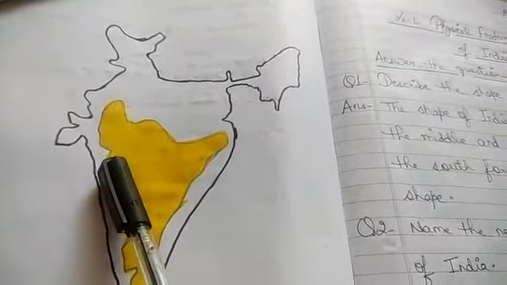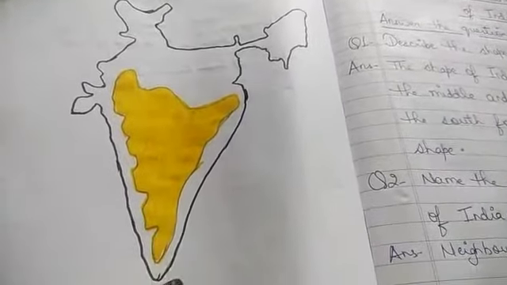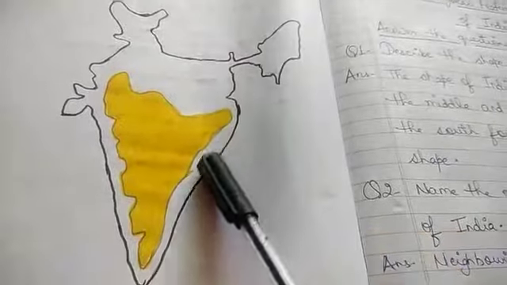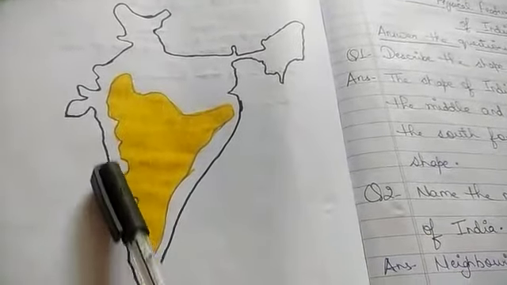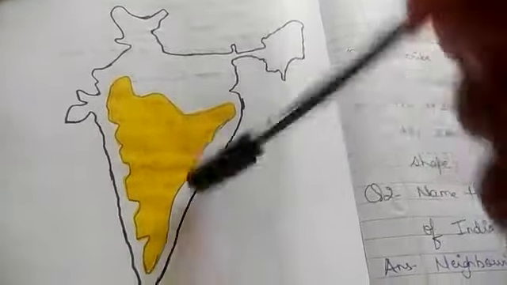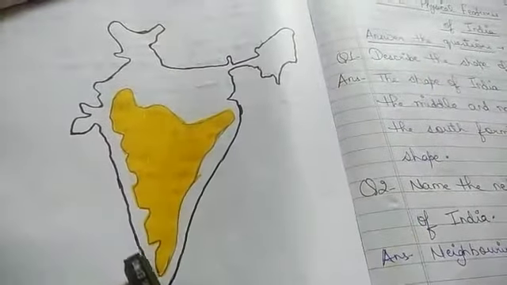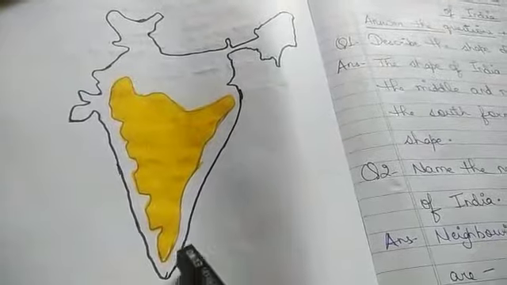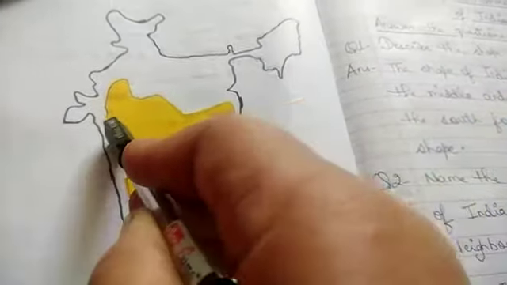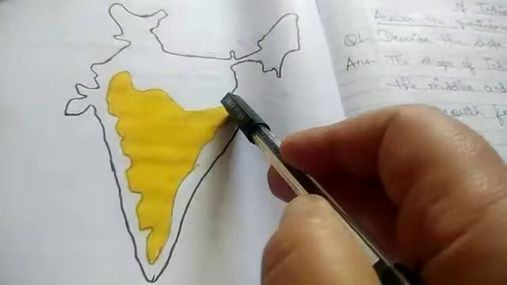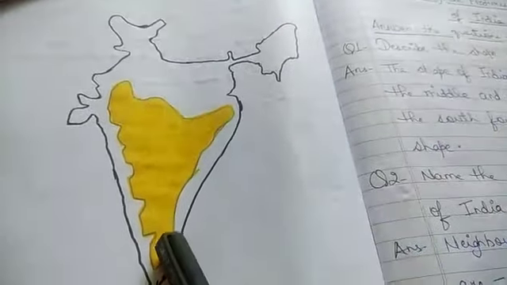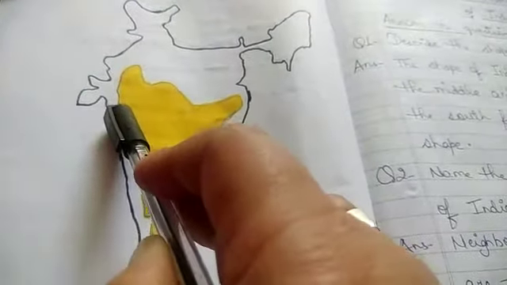And as we come down slowly, we will see it is in the form of a triangle. It is pointed like a pen. It starts from here and comes down and takes the shape of a triangle. It is broad in the middle and narrows towards the south. Clear? Now children, come to the question.